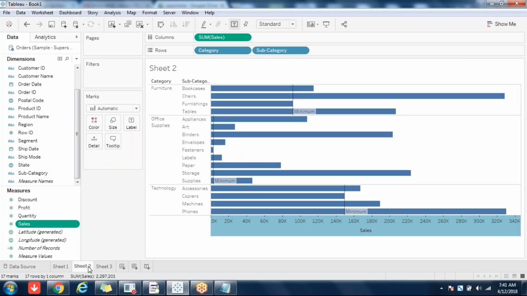Now, can I apply the same forecasting here also? No, I don't think it's possible. In the last class we had two reference lines, but here there is only one.